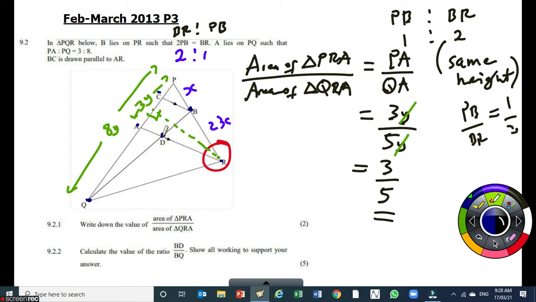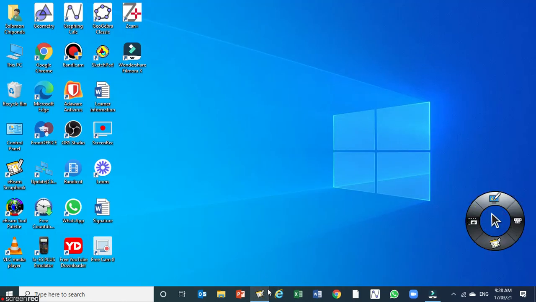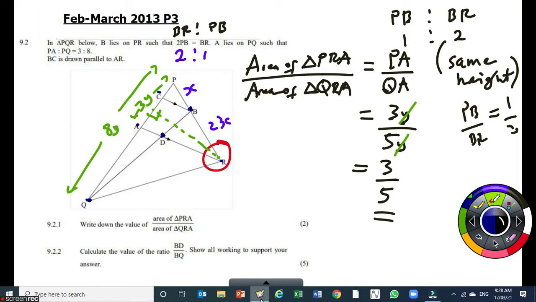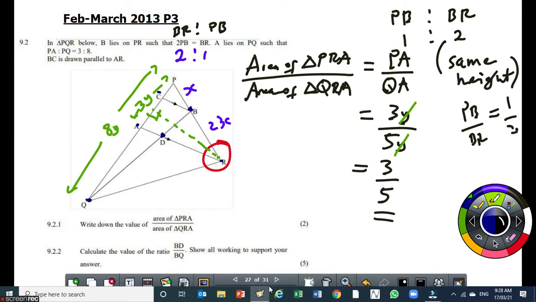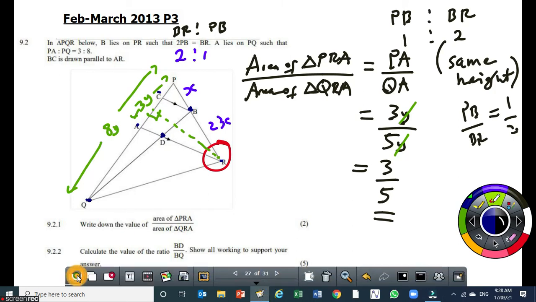Alright? Are you following that? So I'm going to say in triangle BCQ, then I'm going to apply the what? The proportion theorem. Okay? It's not that complicated. Alright? So, let me come on to the next page. Okay.